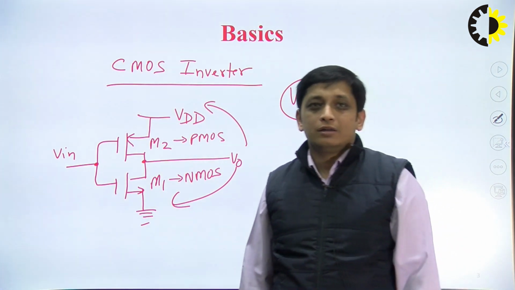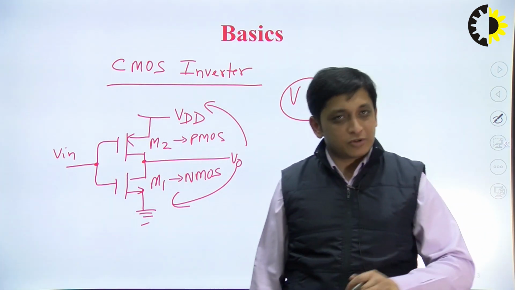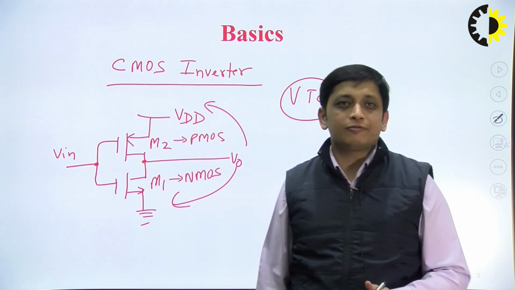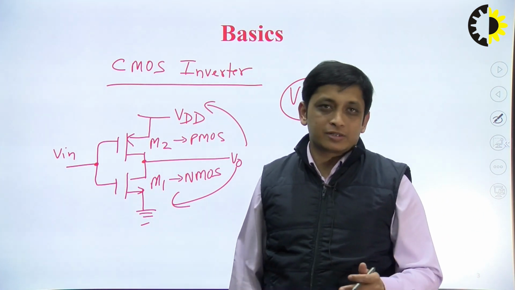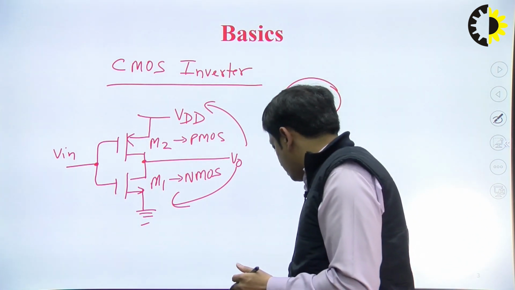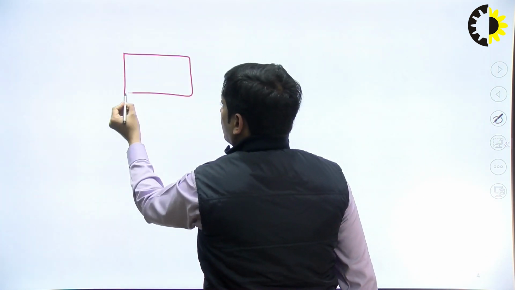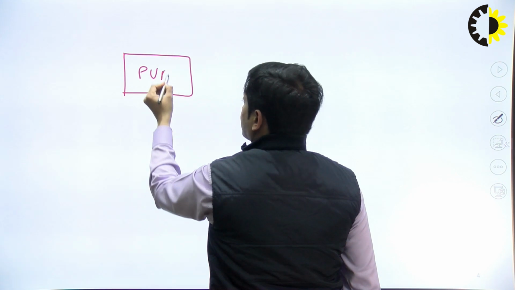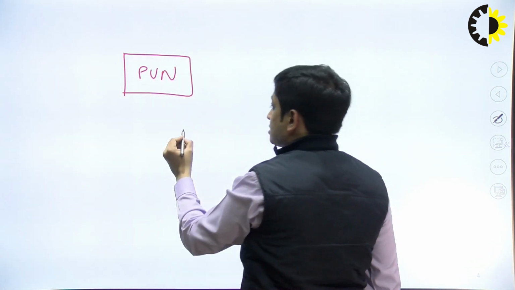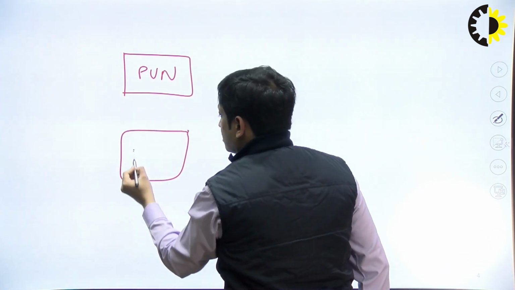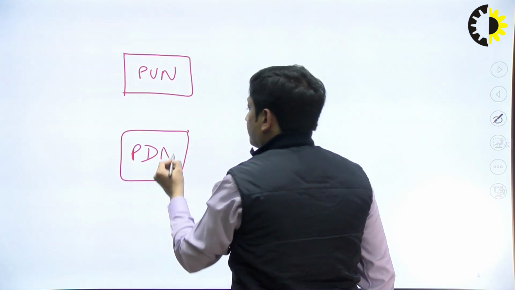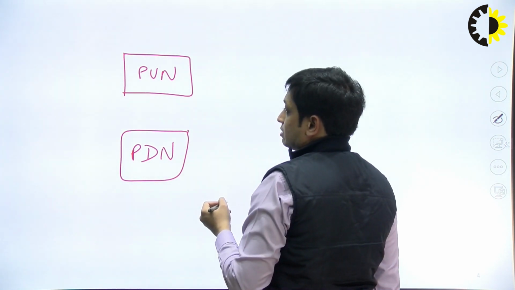That's why the pull up network consists of PMOS transistors and the pull down network consists of NMOS transistors. So if I draw this network, one is the pull up network that consists of PMOS transistors, and the other one is the pull down network that consists of NMOS transistors.